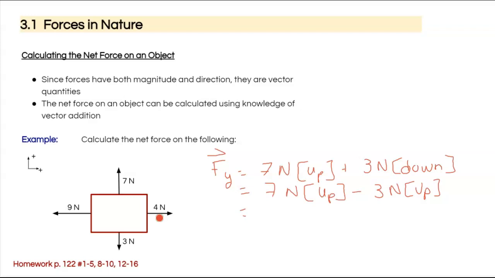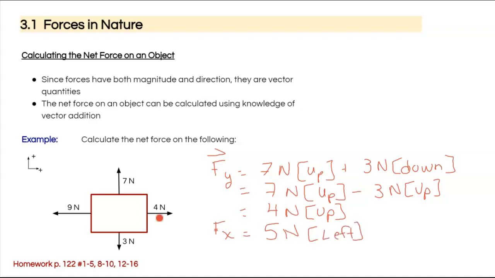This is a step that I'm showing explicitly here. This is a step you could probably skip in your own work. And so that gives me 4 newtons up. And the forces in my x direction are, of course, going to be 9 newtons to the left and 4 newtons to the right. And so overall that is 5 newtons to the left.